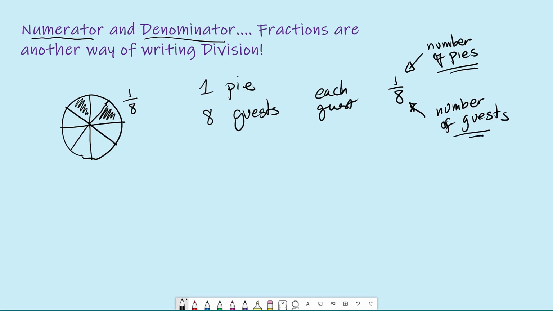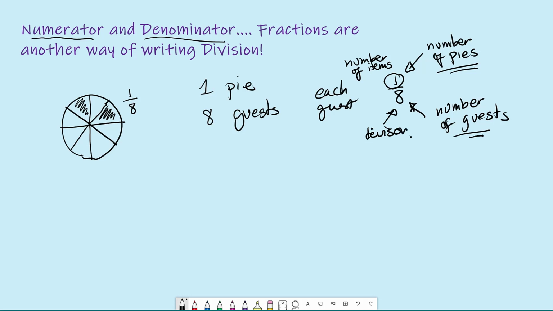So what is our 1 here? 1 is the number of items that we want to divide. In this case, it's a pie. What is our 8? The number of guests. The number we would like to divide it into. So our divisor.